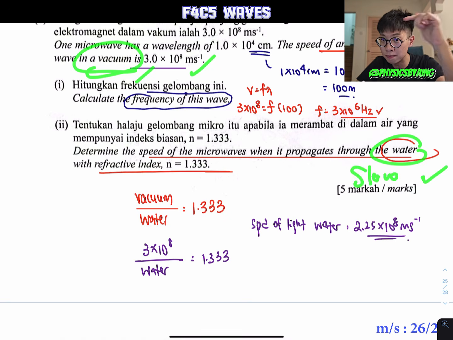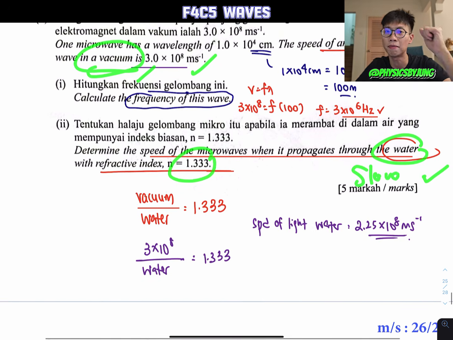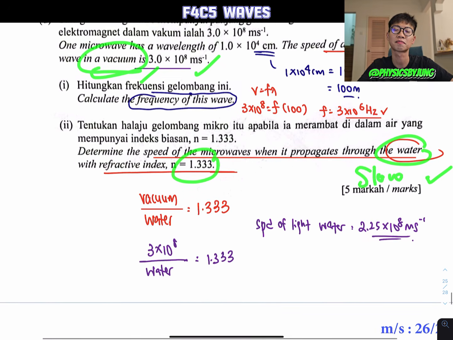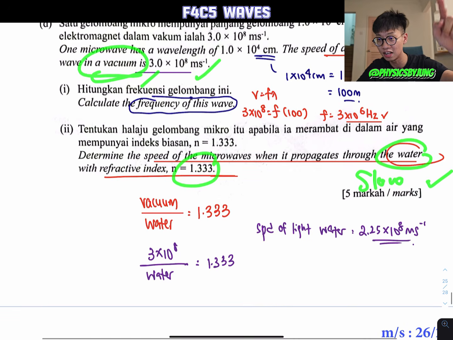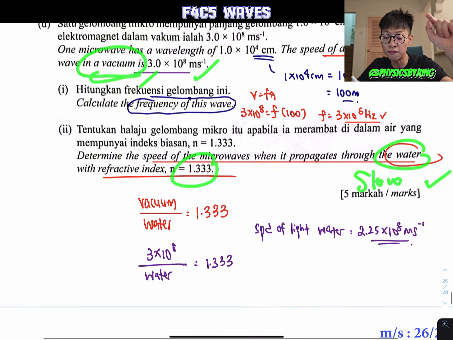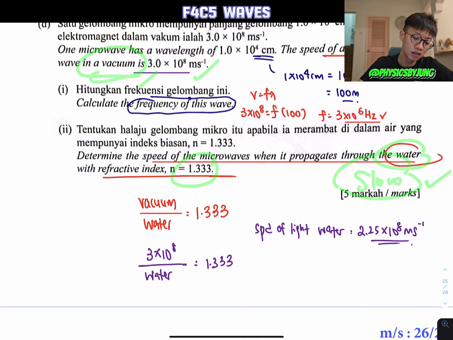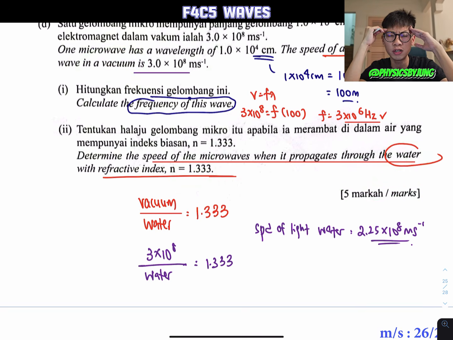If you want it to become slower, do you multiply by 1.333 or divide by 1.333? If you multiply, the number becomes bigger. If you divide, the number becomes smaller. So if you want it to become slower, you divide. If you forgot whether to put it on top or bottom, just think: if the number is supposed to become bigger, you multiply; if it is supposed to become smaller, you divide.